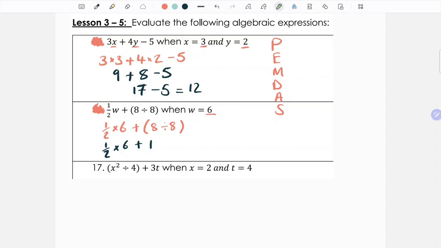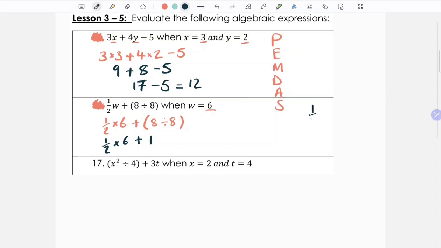I've said in my classes that multiplying by a half is the same as dividing by 2. So you should know that. But if you didn't know that, that's not a problem. We could still multiply the half by the 6. Let's do it on the side here. So half times a whole number, we would make the whole number a fraction. Any number can be made into a fraction by just having that number over 1.